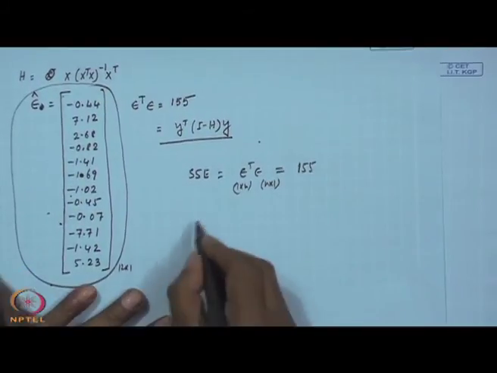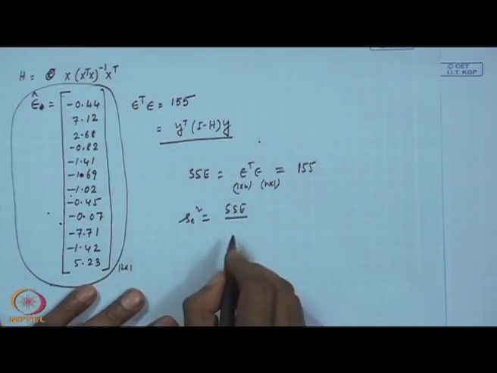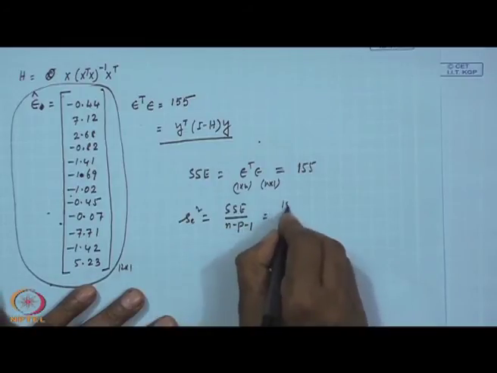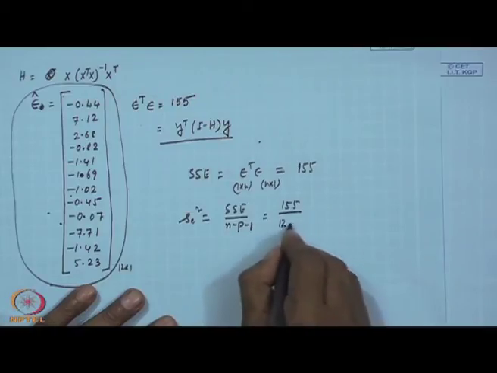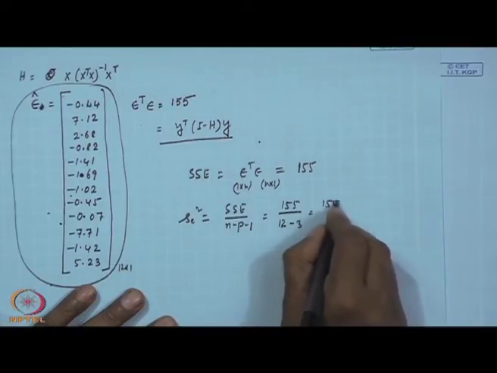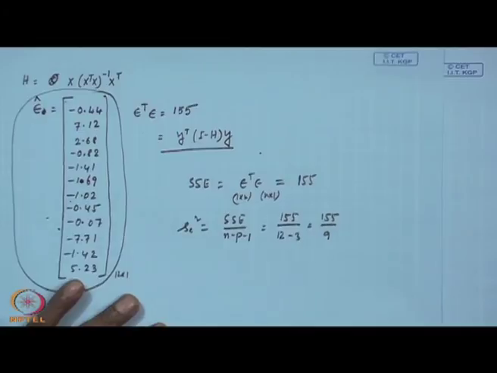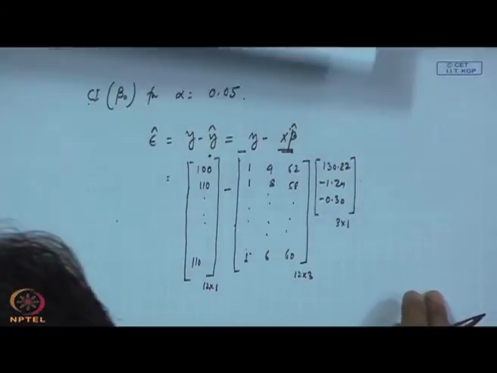Then what is sigma cap square? Sigma cap square is SSE divided by the degrees of freedom, n minus p minus 1. So we can write 155 by 9, since n is 12 and p plus 1 is 3. So 155 by 9, this 9 is known.